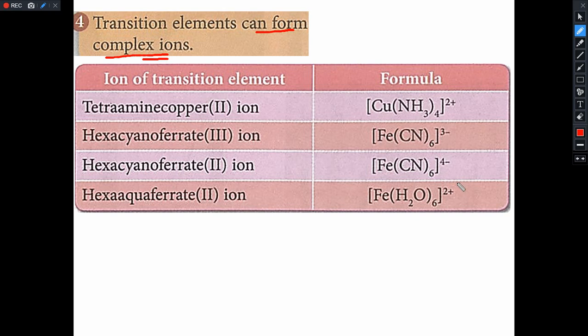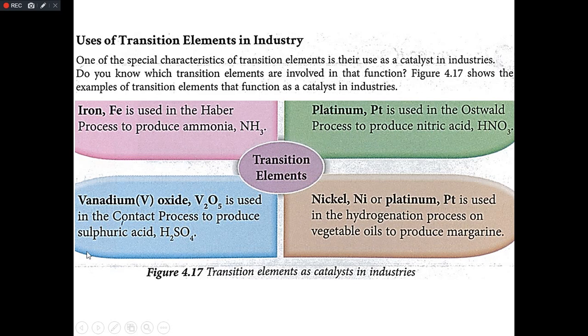But I encourage you, I advise you to memorize at least one complex ion of transition element. You choose which one you can memorize. At least one. Remember, at least one. Okay, this slide is finished. We go to this slide.